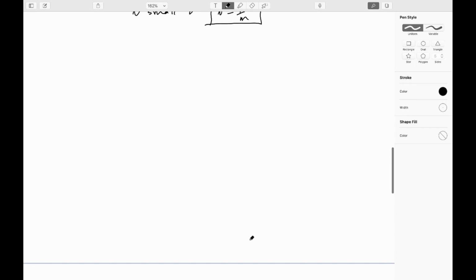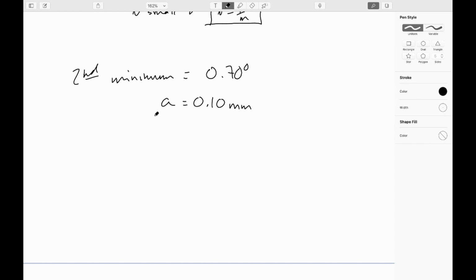So the example I have in mind is, let's say that we found that the second minimum was located at 0.70 degrees for a slit that was 0.10 millimeters wide. I'd like to know what the wavelength of the light is.